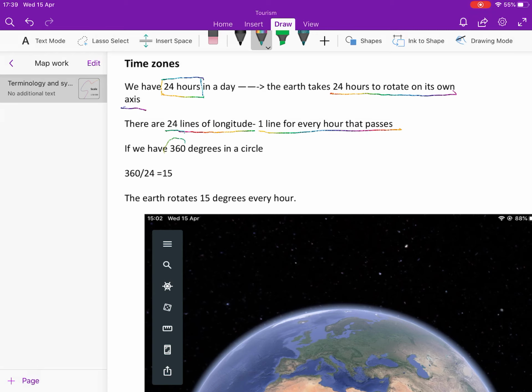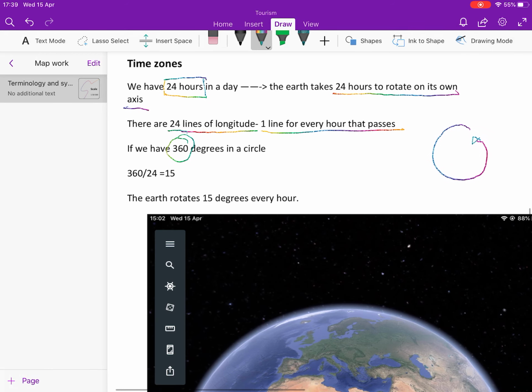If we have 360 degrees, the reason I'm using 360 degrees is because the earth rotates in a circle, meaning it rotates once around its own axis. So to rotate 360 degrees, it takes the earth 24 hours.